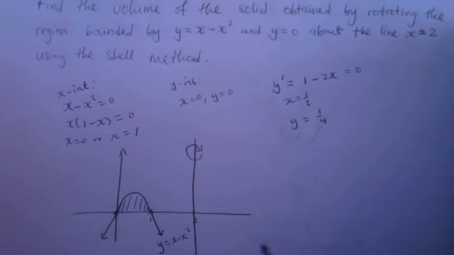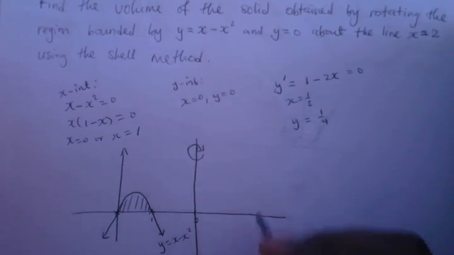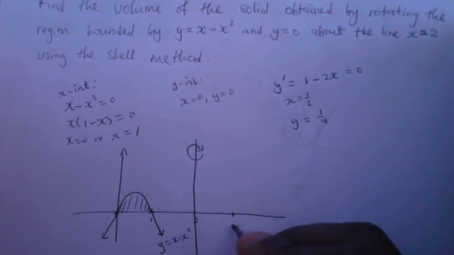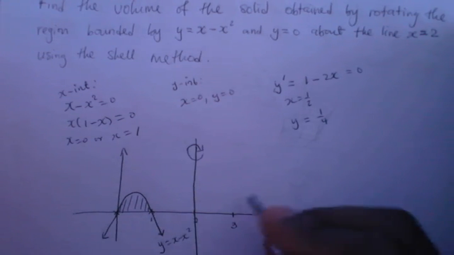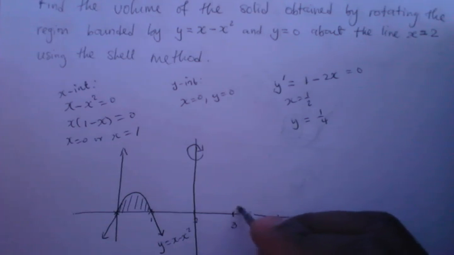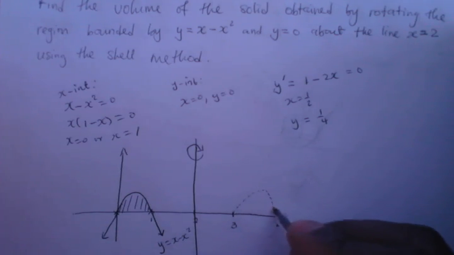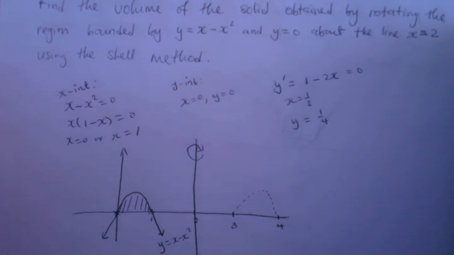Now the process, or the recipe, is that you need to draw the rotated piece. We know it's going to be between 3 and 4 because it's 1 unit here and 2 units all the way there. So the rotated piece will be somewhere between 3 and 4.